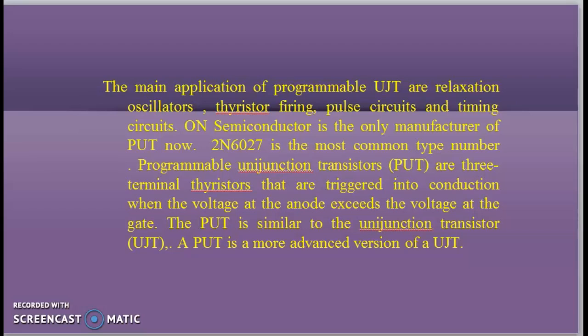The PUT series which is most commonly used is 2N6027, which is the most common type number of PUT. It is a 3-terminal thyristor device which is triggered when the voltage at the anode exceeds the voltage at the gate terminal.